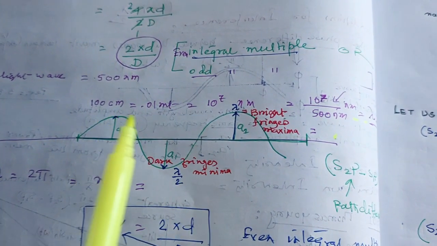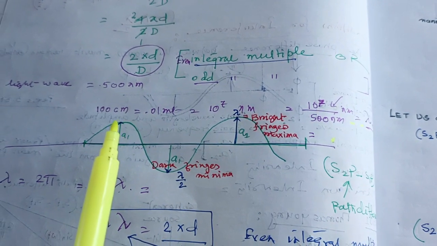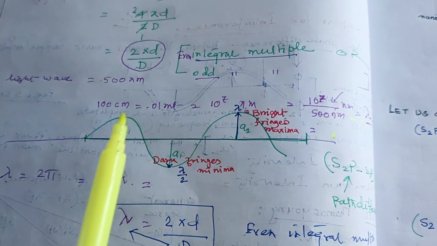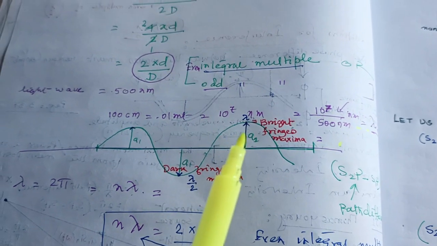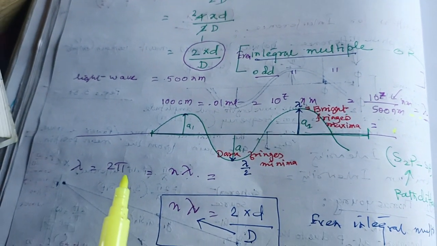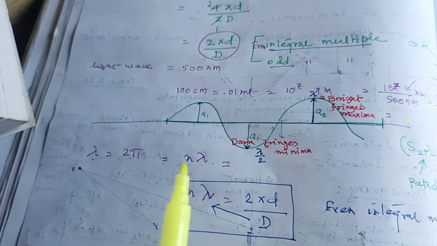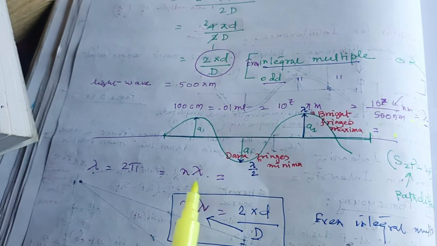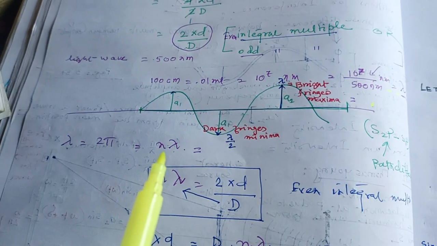So if you take the bright or constructive fringes, the antinodal situation, you will see this point to this point is lambda. So lambda here covers 2 pi. Whatever the 2 pi, that is lambda, is an integral multiple n, and n may be 1, 2, 3.